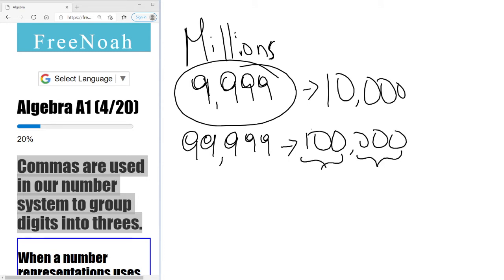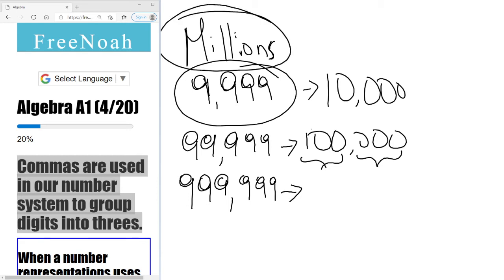So once we reach 999,999, we're going to go into what's known as our millions. Quick question: how do we get to our millions?